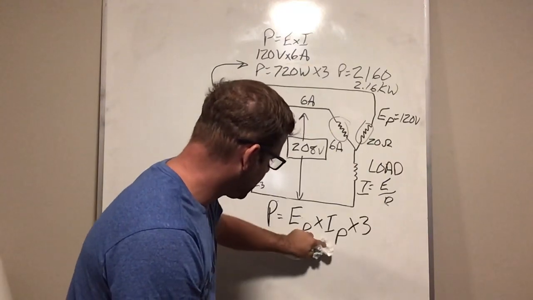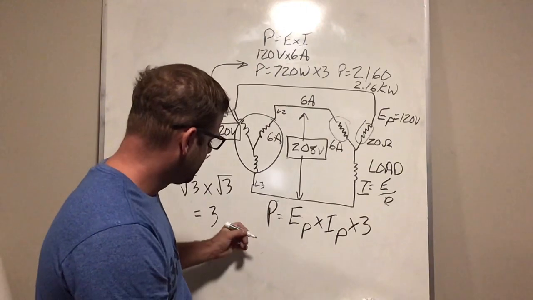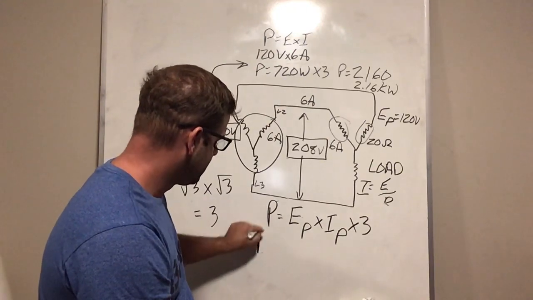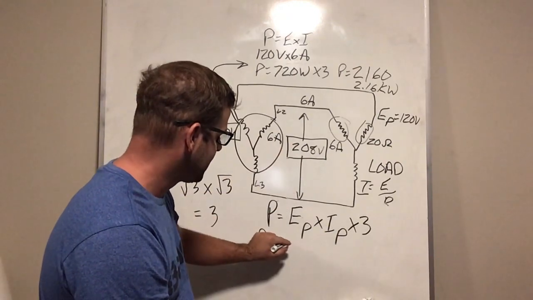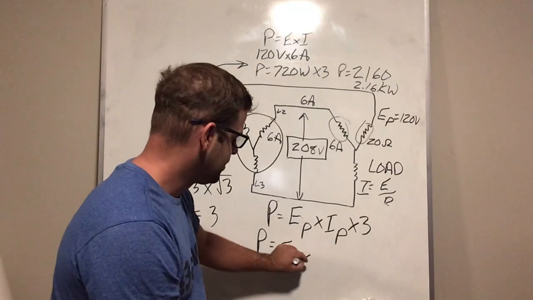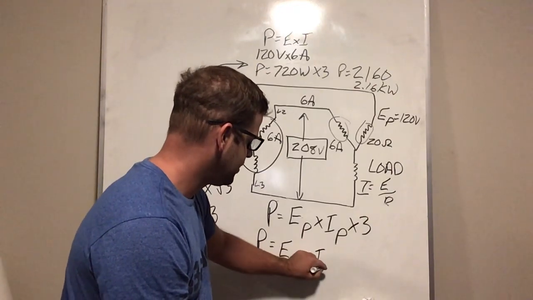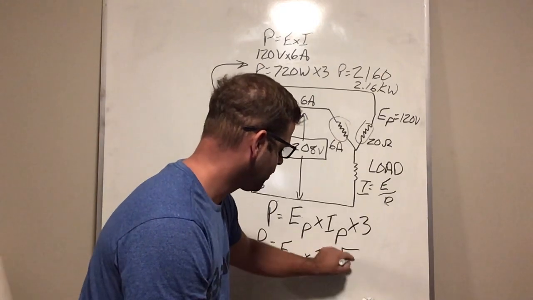So if I plug that into the formula now, power is equal to, and if I'm using line values now, E line times I line times root 3.